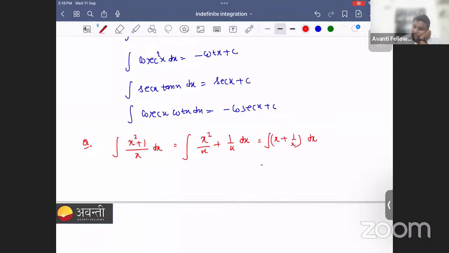Now integration of x is x square by 2 plus, for 1 by x, the integration will be ln x plus constant. Got it? Placing this constant is very necessary. Am I clear?